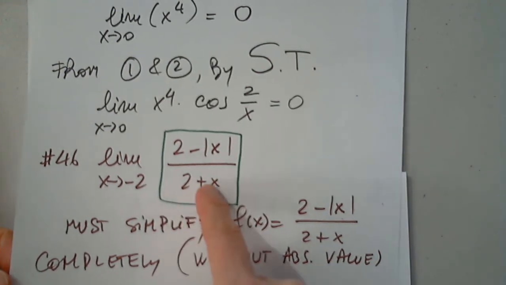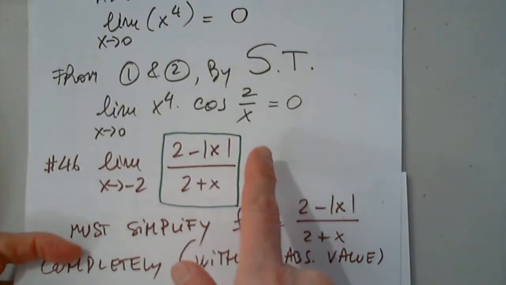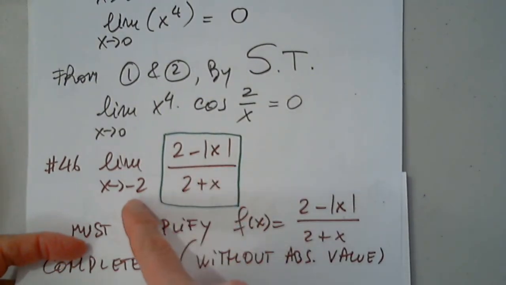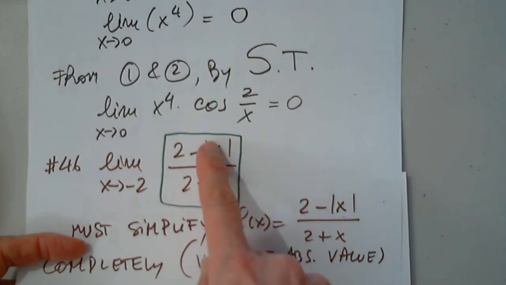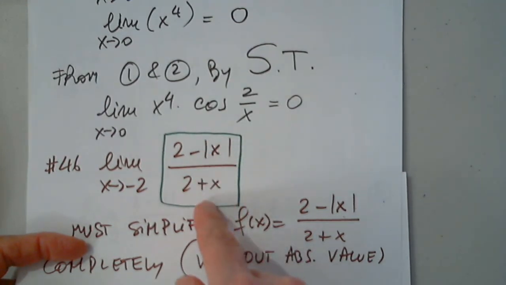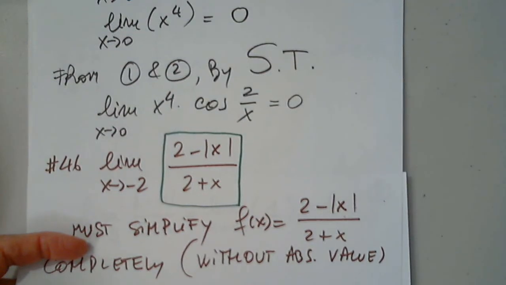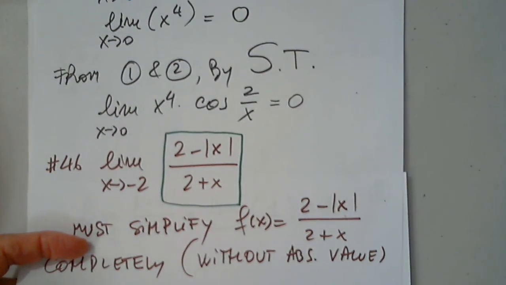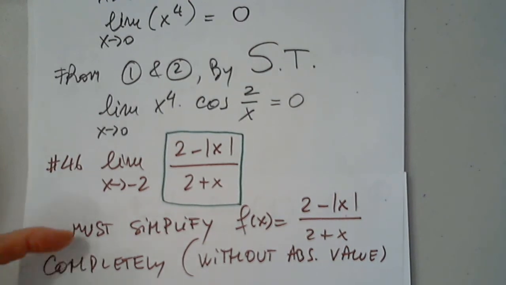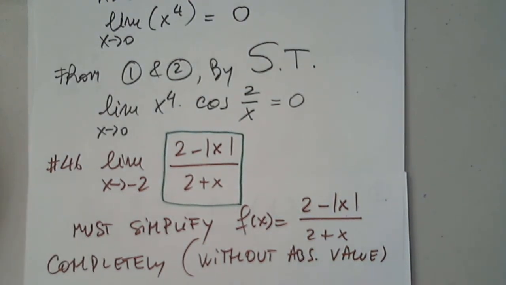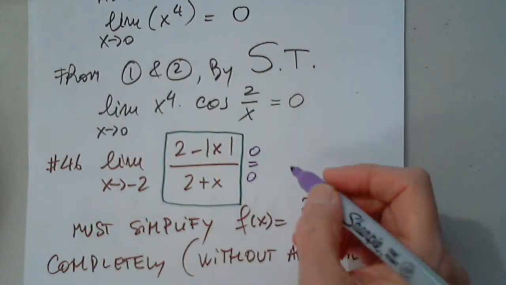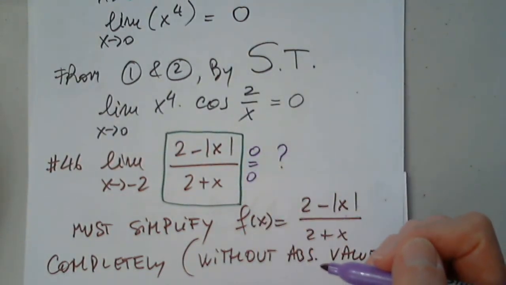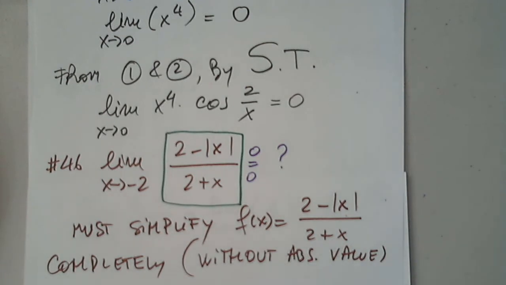See, if you don't simplify this function, actually it's a very good question. If you don't simplify this function, you just plug in -2, you will get 0 over 0. And what do you do next? Nothing. You can't do anything. You don't know what it is. The numerator is 0, the denominator is 0. And now what? This is none of the previous situations.